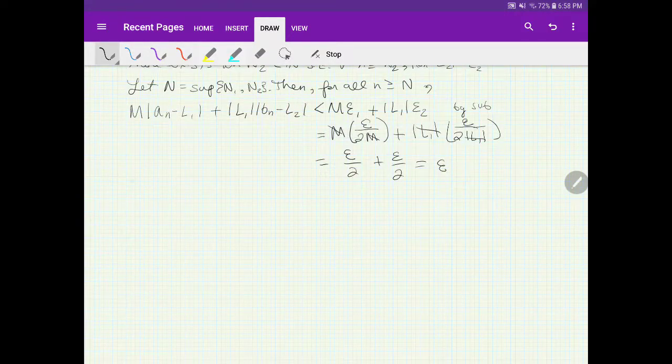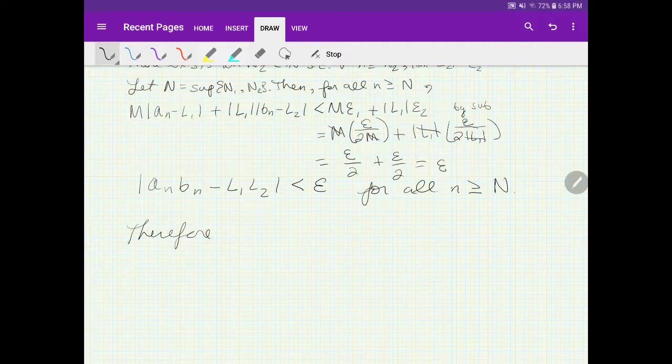So that means that a sub n times b sub n minus L1 times L2 is less than epsilon for all little n greater than or equal to capital N. Therefore, the limit of a sub n times b sub n is equal to L1 times L2.